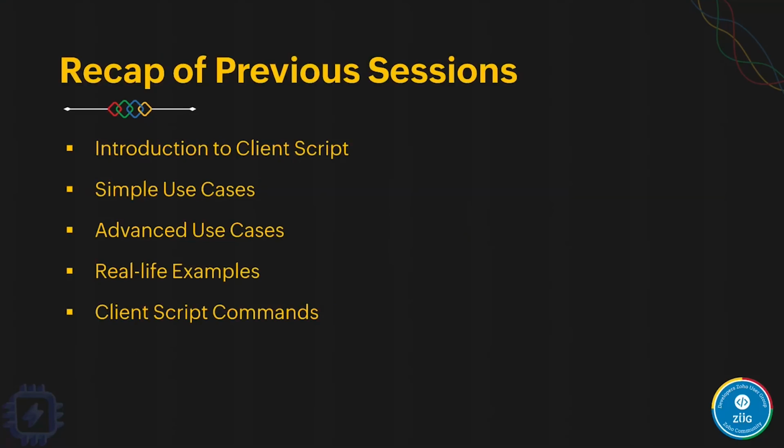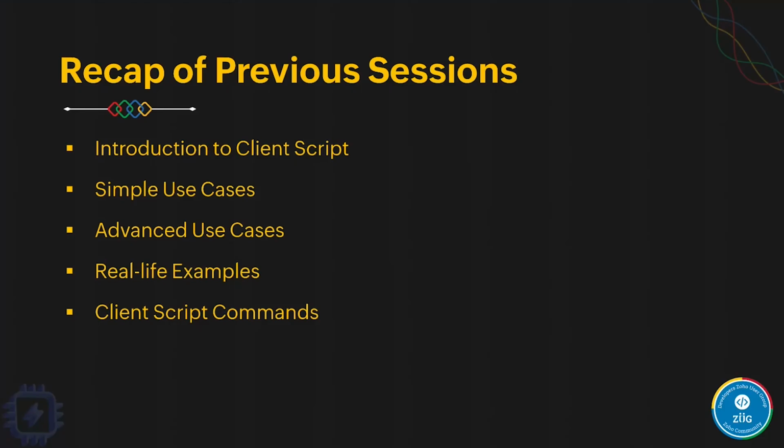In the first session, we had an introduction to client script and we saw simple use cases. So client script, like the name suggests, runs on the client side and it's a script that's written in JavaScript. That's very self-explanatory, right? But you don't have to think that it's limited to stuff that can be done only on the client side and only in JavaScript.